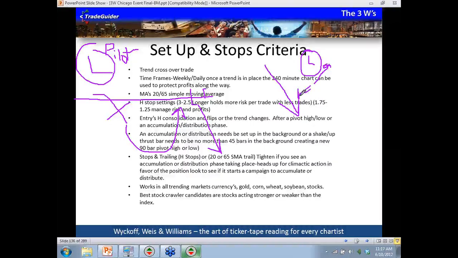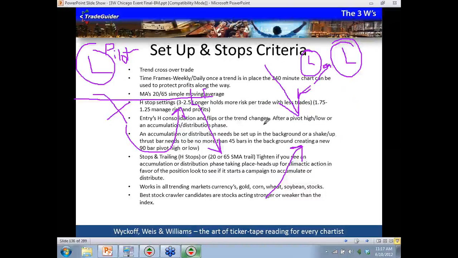Does that make sense? And vice versa. Yeah, exactly. The indexes are going down, and you can actually pick out an upthrust and things of that nature.